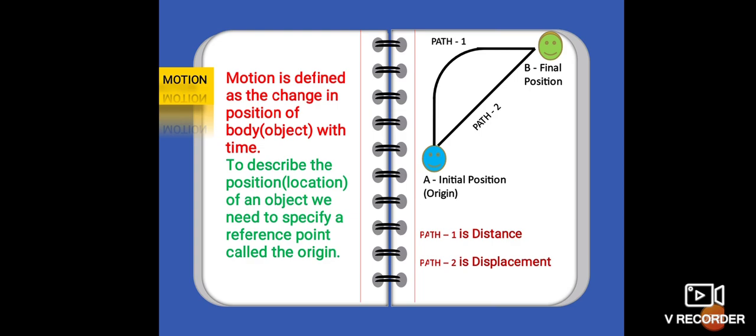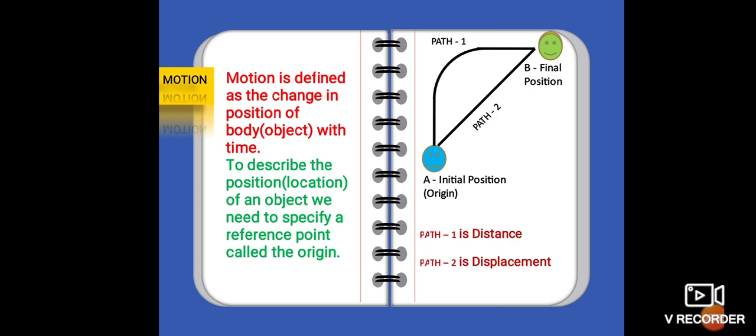Distance is the actual length covered by a particular object, but displacement is the shortest distance between initial position to the final position. So here for the first smiley, path 1 is the distance and path 2 is the displacement.